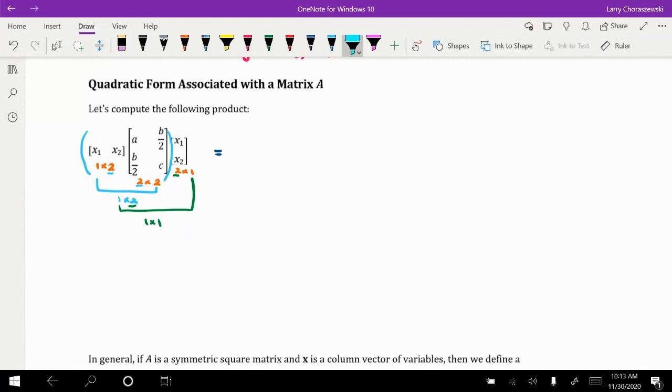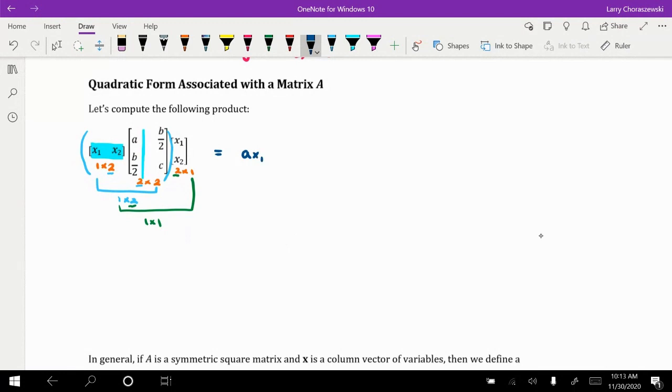We're going to take the row x1, x2 from that row vector and multiply it to the first column of the 2 by 2 matrix. All right. So what happens is we multiply x sub 1 to a, and I'm going to write that as a x sub 1.